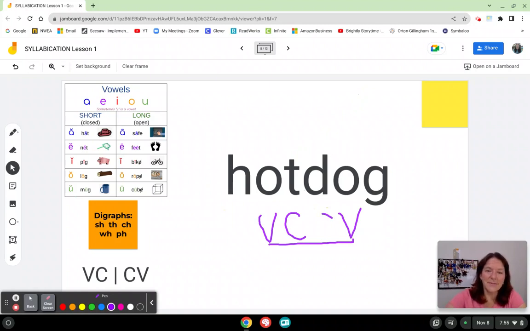So I put a C below that for consonant. And then according to my pattern right here, I split it right there. So then next I'm going to go up and split it right between those two. Go ahead and do that on your paper if you haven't yet.